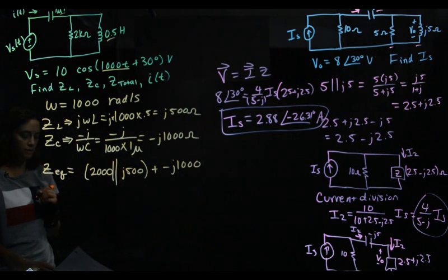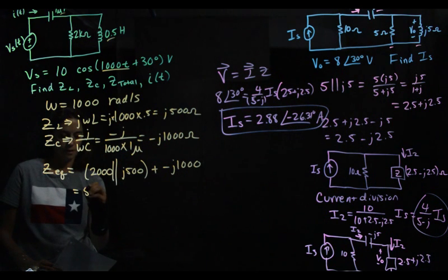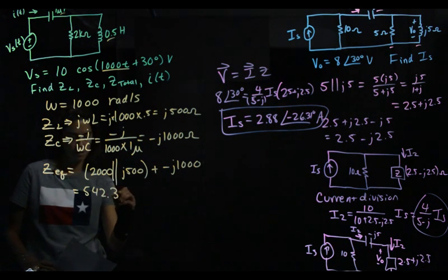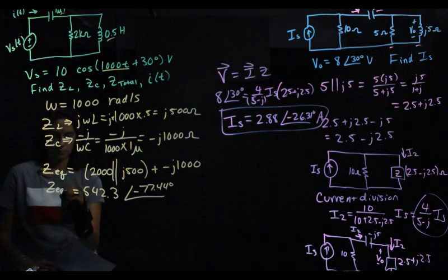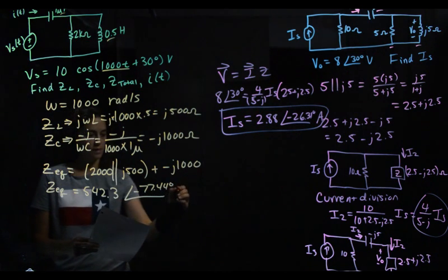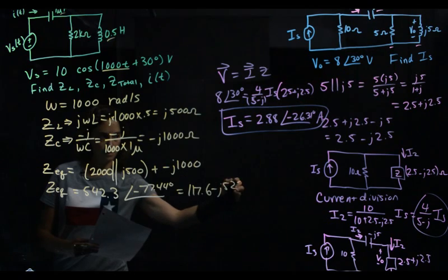So that's my equivalent impedance. And if you do the math on that, you get 542.3 at an angle of minus 77.44 degrees, or we could write that as 117.6 minus J529.4.